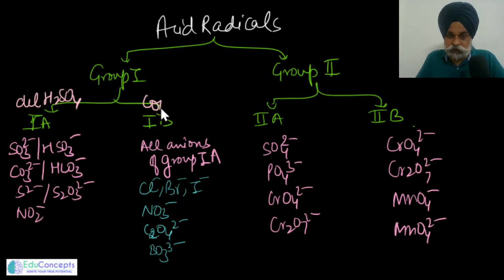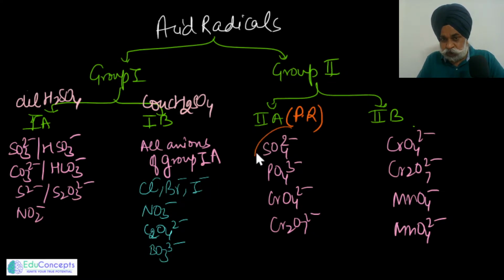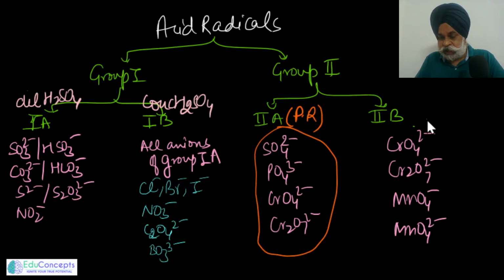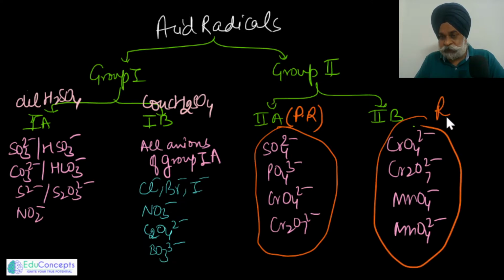And if it only produces something with concentrated sulfuric acid, then these are the anions which fall in group 2. This we have already discussed. Similarly, in group 2A, these are discussed on the basis of a precipitating reagent, where you just want to precipitate them out. And lastly, we talked about their redox behavior.